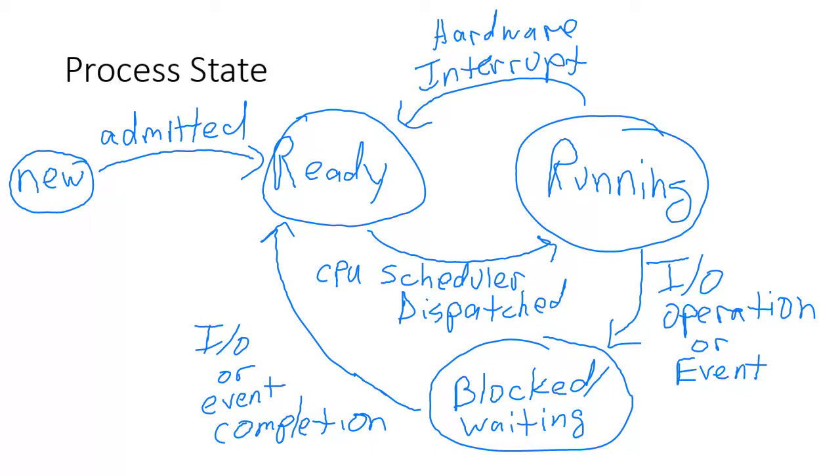Now the running state blocks. The only reason it's there is that it needs to wait for that resource event, I/O operation, whatever we want to call it, to complete. Once it's done, it's in the ready state.